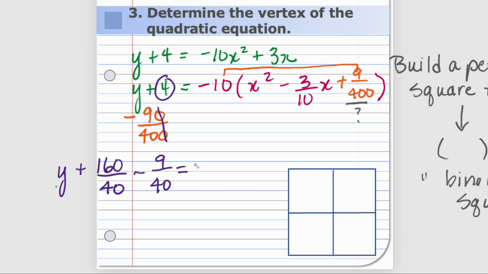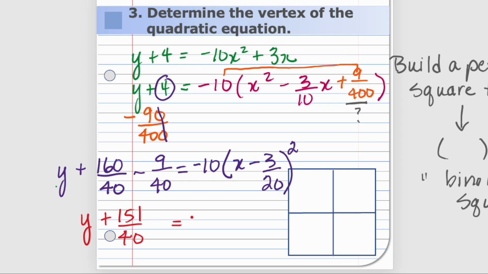That's going to be negative 10 bracket x minus 3 over 20 squared. Can you see how we're almost there? We have y plus 151 over 40 is equal to negative 10 bracket x minus 3 over 20 squared.